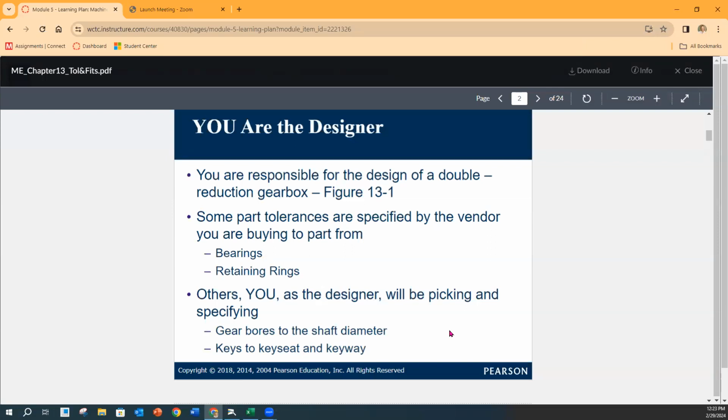And we looked at the description of some fits and we put some tolerances on there from the RC fits that seem to line up best with our application. Same thing for keys and key seats. Although that was specified out of the Machinery's Handbook as standard, you still have control over that. You could change those if you so chose to have a little bit different range, okay?